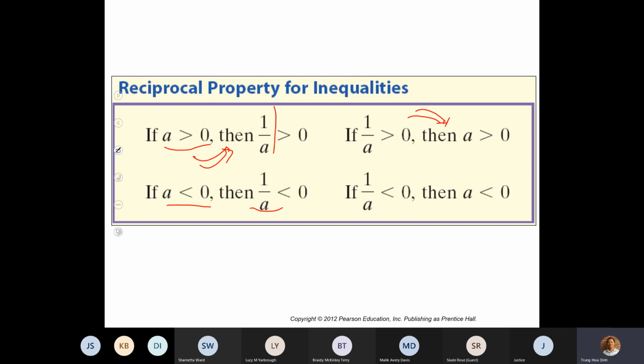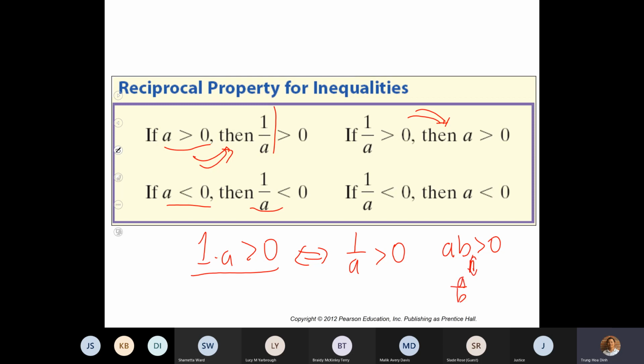So 1 over a greater than 0 is equivalent to the case 1 times a greater than 0. I would say like this, 1 over a greater than 0. In general, I can write like this: a times b greater than 0 is equivalent to a over b greater than 0.